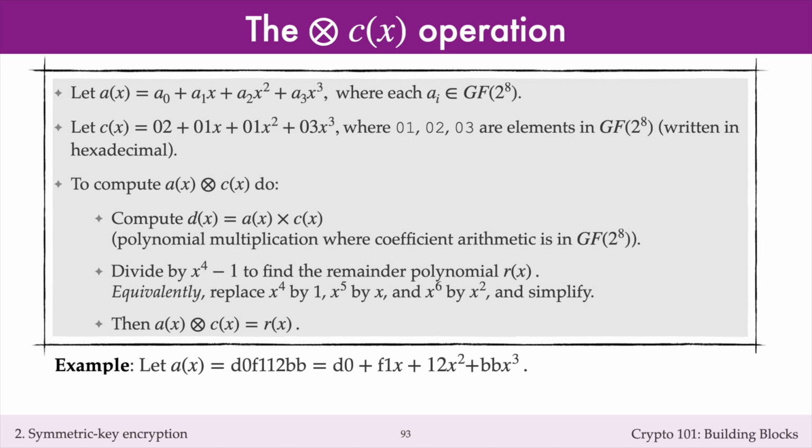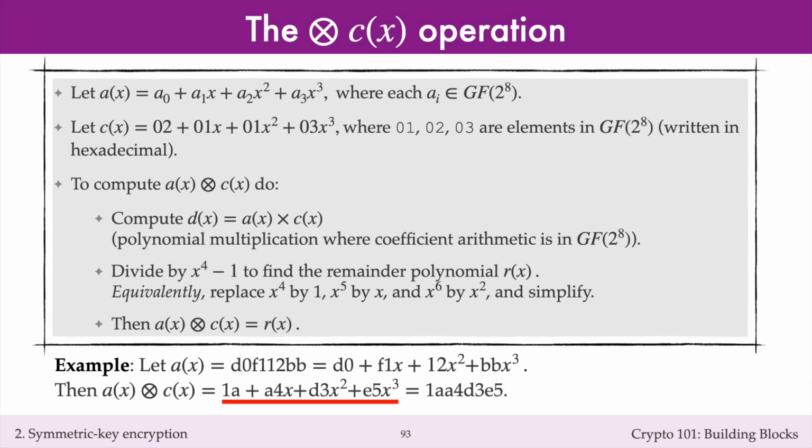For example, let a(x) be this degree 3 polynomial written in hexadecimal. You can check that a(x) times c(x) is this degree 3 polynomial, which as a hexadecimal string is 1a, a4, d3, e5. And so the result of applying the MixColumns operation with this column of the state is this column.